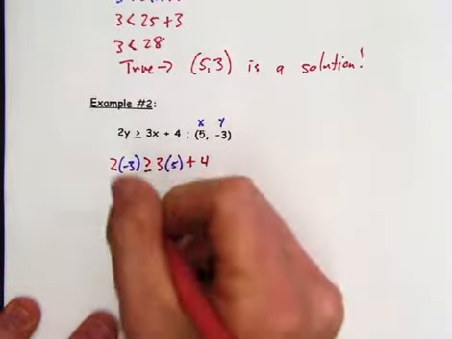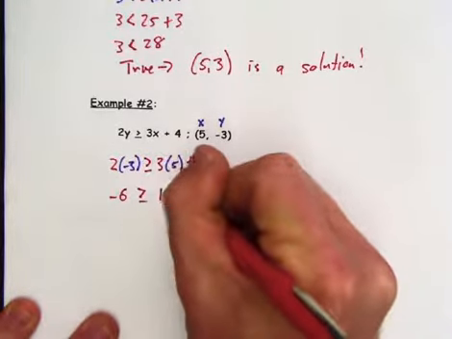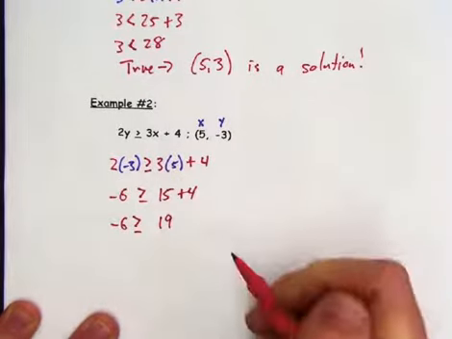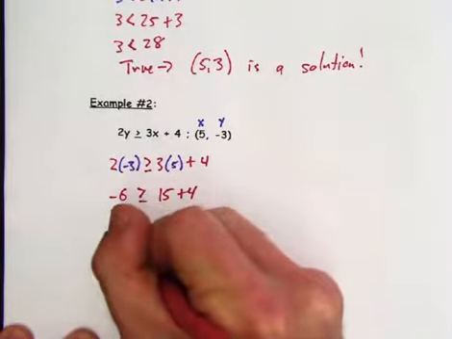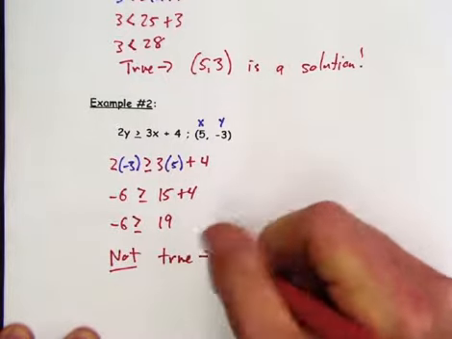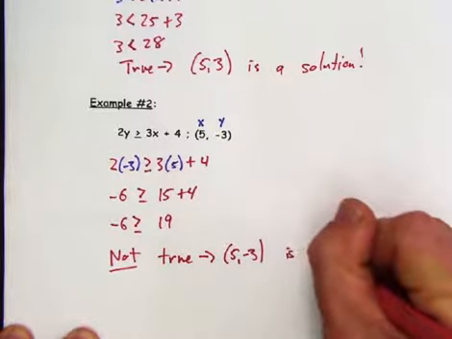Let's solve. 2 times negative 3 is negative 6, greater than or equal to 3 times 5, which is 15, plus 4. Negative 6 is greater than or equal to 19. Is that true? Not true. So 5 comma negative 3 is not a solution.